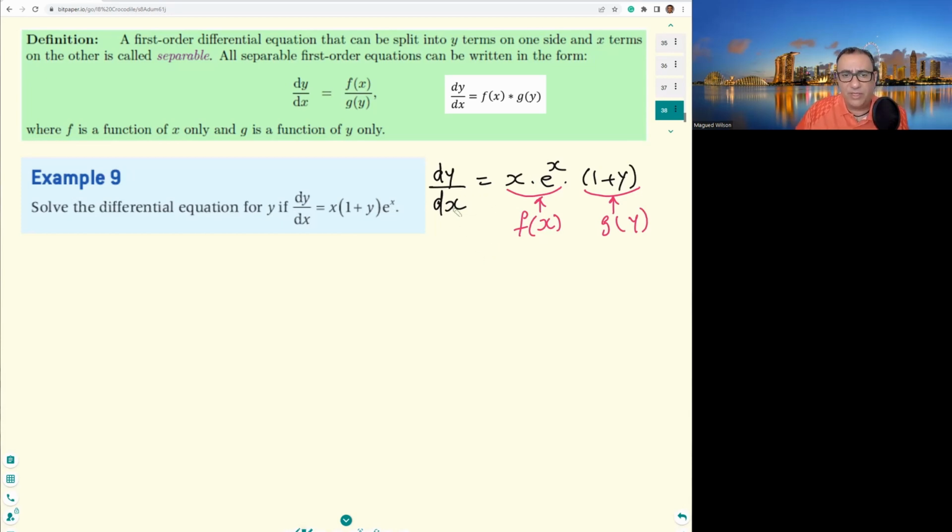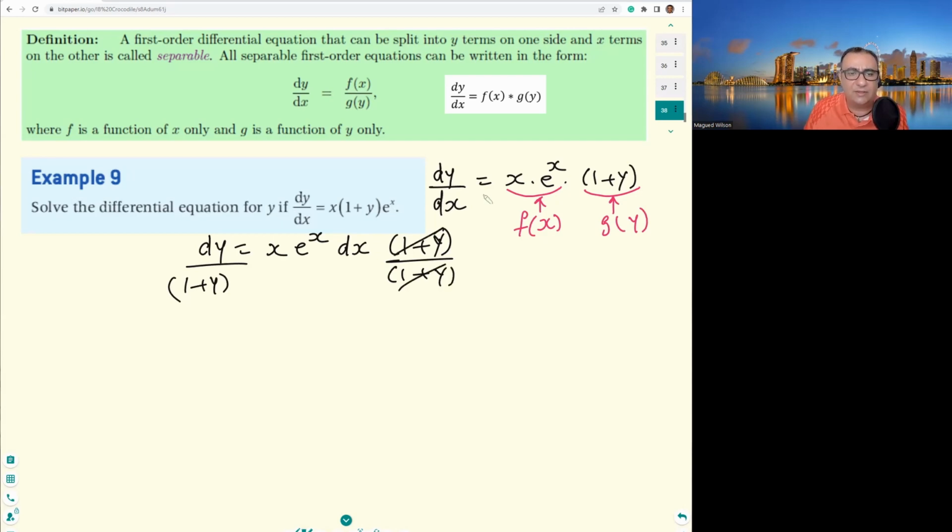So maybe I can bring dx here on the right-hand side, or you can think, I can multiply both sides by dx, so dx will be gone on the left-hand side. So dy is going to be x e to the power of x, and then I put dx here, and then I still have 1 plus y, which I can bring down to the left-hand side, or you may think, let me divide both sides by 1 plus y. Technically you can do that.